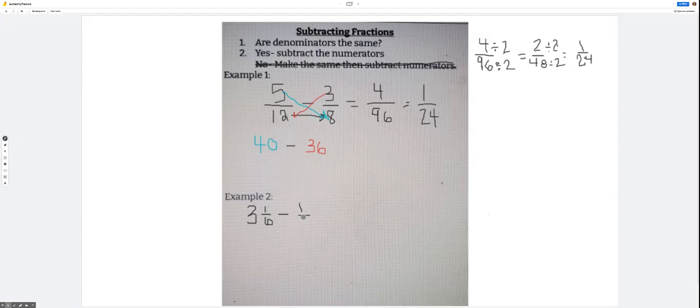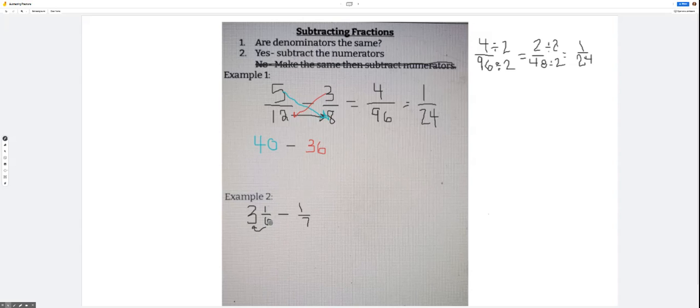And it's important that you write all this down on your graphic organizer. That graphic organizer is going to be for you to use later when you're doing problems on your own and you need some examples. So we're going to have to turn this mixed number into an improper fraction.